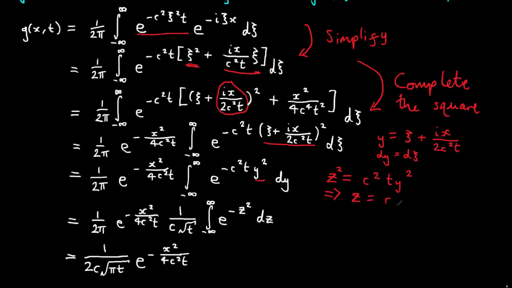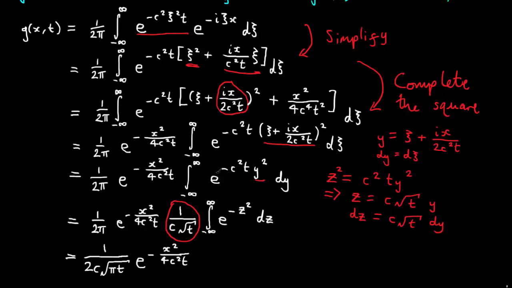So z is going to be c times the square root of t times y. In other words, dz is going to be equal to c root t dy. Okay, so dy will be dz over c root t when we make the substitution, so we're going to have a factor of 1 over c times the square root of t coming in.